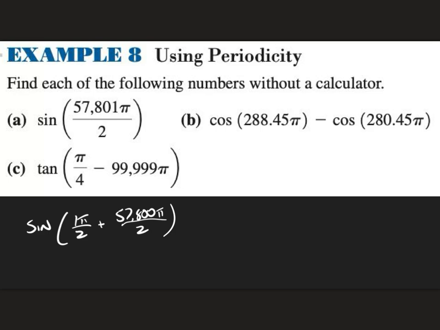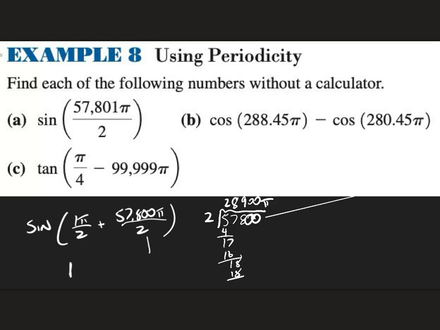So the sine of pi over 2 is 1, and then 57,800 divided by 2, so if I divide that number by 2, I get 28,900 pi.